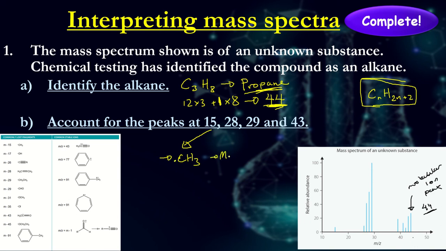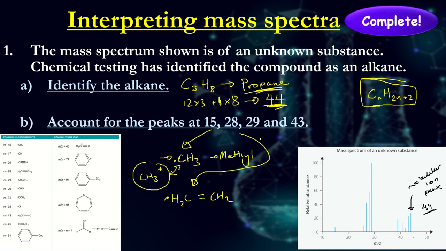That's our methyl group. 28 here, we have our H2C double bond CH2, so that's, according to this, an ionized ethene, our radical there. Or instead of doing the dot, you could just write the plus, and that would be the same thing.